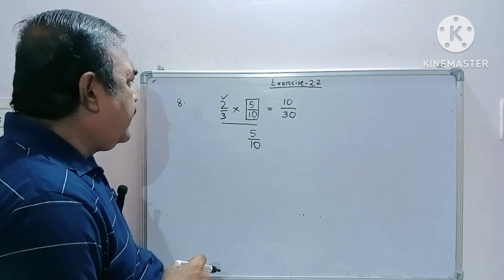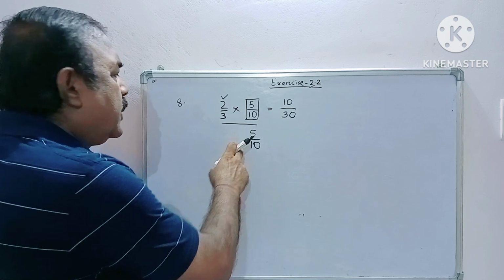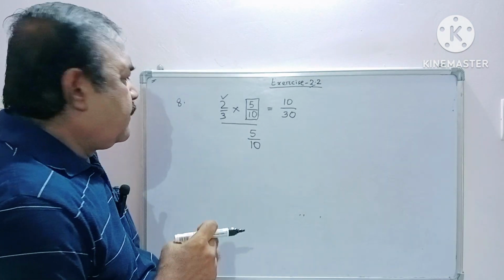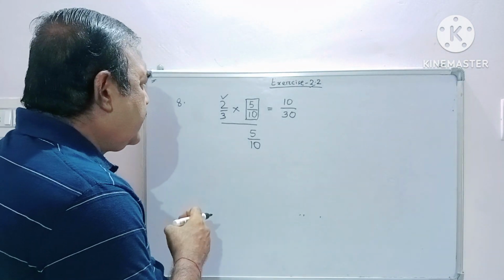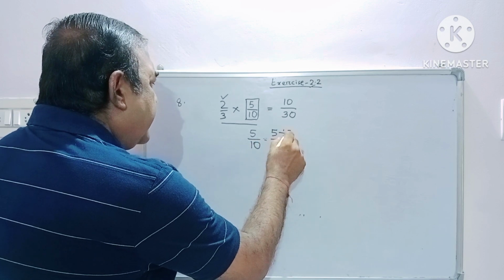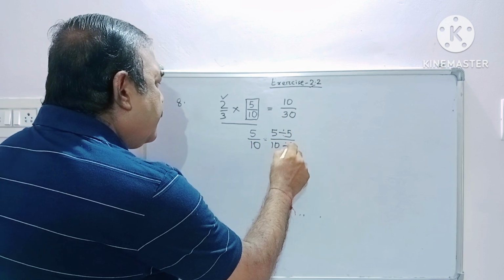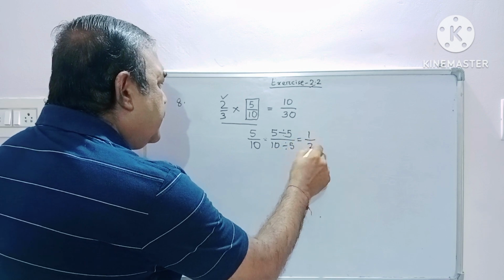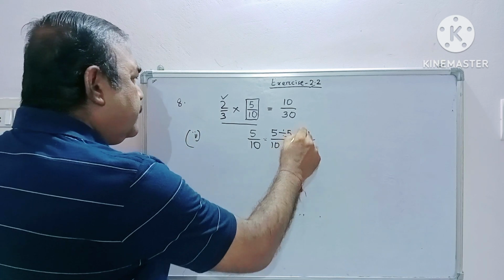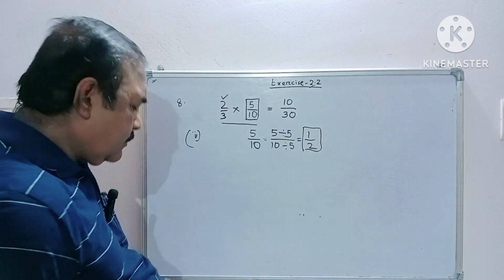Now we have to divide both the numerator and the denominator by their HCF. And you see 5 is the factor of 10, so 5 is the HCF here. So that is equal to 5 divided by 5, 10 divided by 5. So that is 1 upon 2.